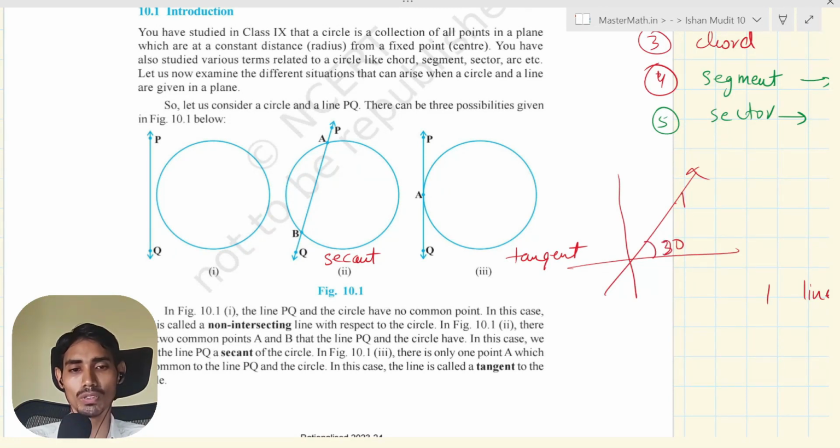So this slope, this rise by travel, is also related to tan. So I'm just hinting that it is not totally isolated. What we have, the tangent here, we have for a straight line, and that we studied in our trigonometry chapter. So it is related, but we'll not be discussing it in detail. So that's the only point.